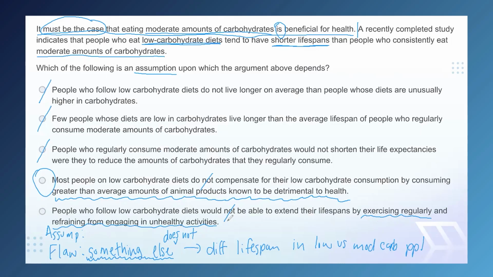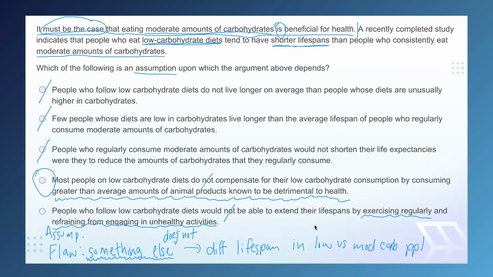So was that what we thought the flaw was? That something else could address the difference in lifespan? Well, no. What we thought the flaw was, was that something else causes that difference in lifespan. Nothing about addressing it, nothing about fixing it. So this is kind of similar to the alternate plan answer choice that we saw in the previous question.